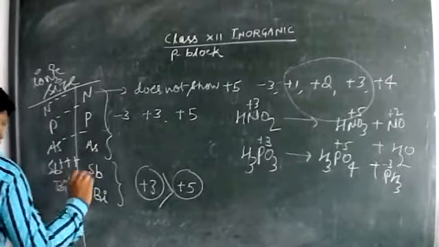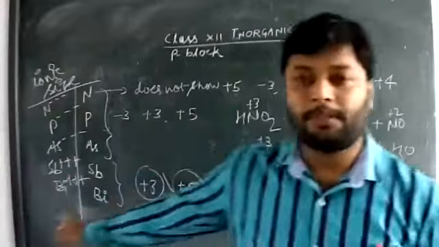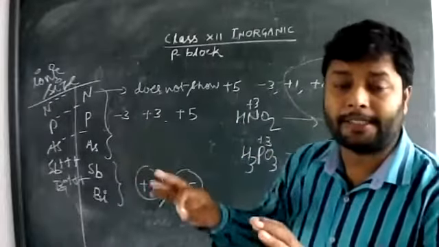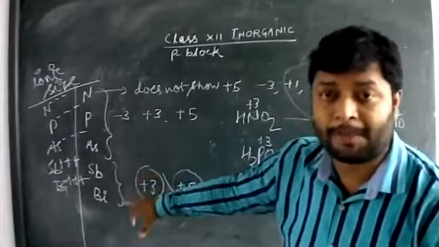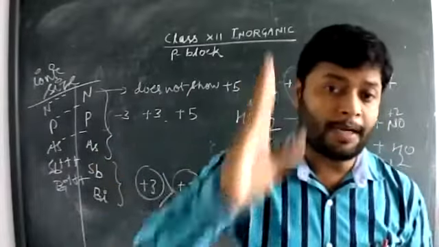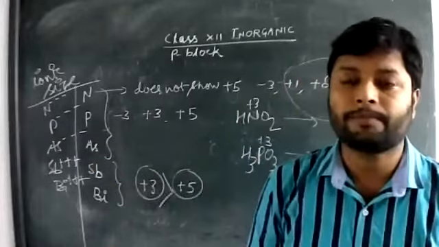The trend of size actually decreases to antimony and bismuth because of the cation. Cations are always smaller than anions.